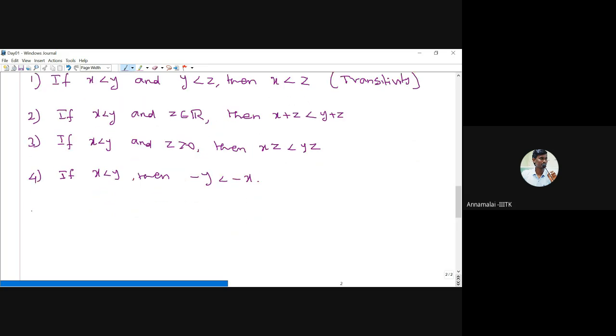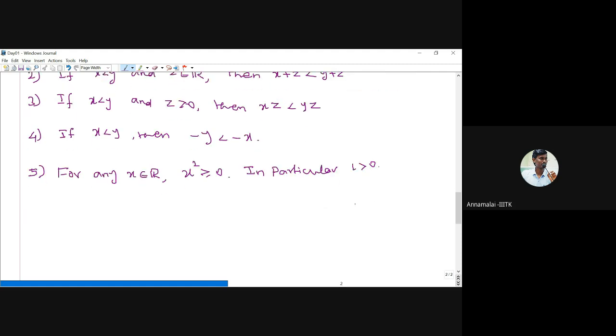And then the fifth order property is that the square of any real number is always nonnegative. That is, for any x in R, x squared is always greater than or equal to 0. So in particular, 1 is positive. It's very important. Because 1 is a real number, 1 squared is nothing but 1, therefore 1 is positive.